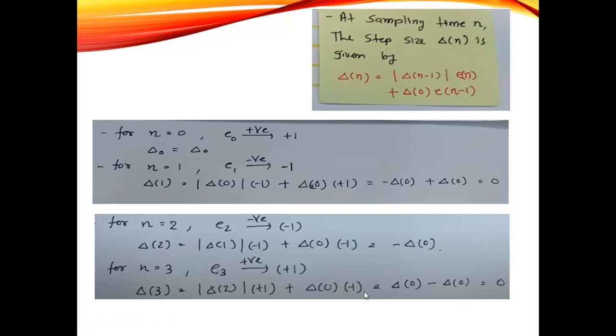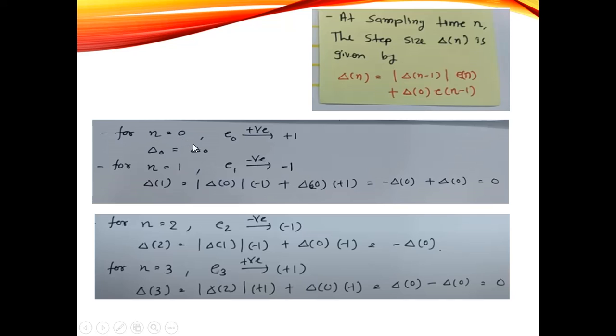Now, we will turn toward the mathematical modeling of adaptive delta modulation. At sampling time n, the step size is delta n, and delta n is given by the modulus of delta n minus 1 times e of n plus delta 0 times e of n minus 1. Now we will consider the first case, when n is equal to 0.